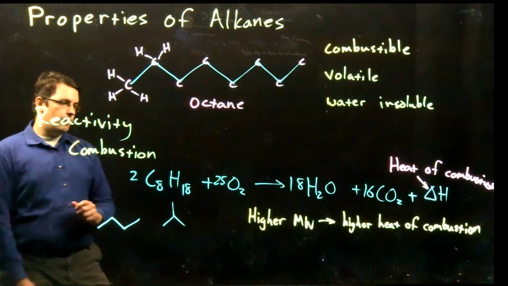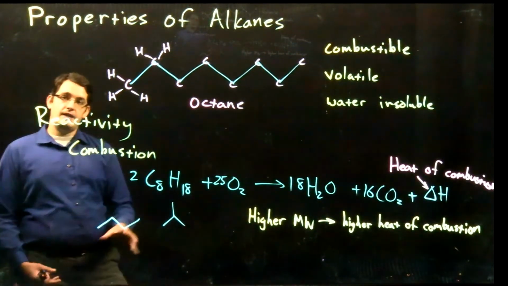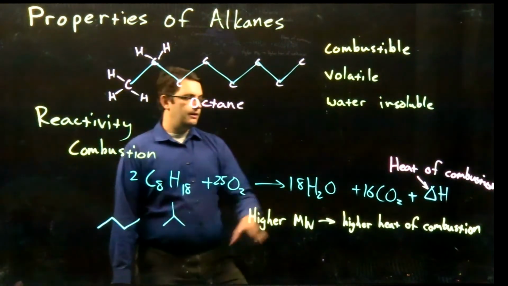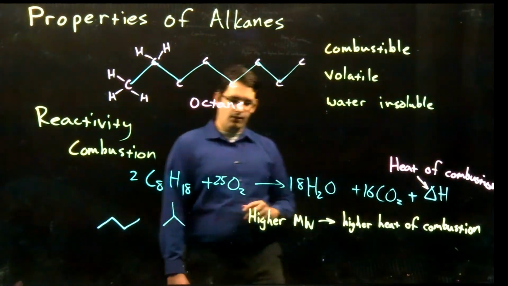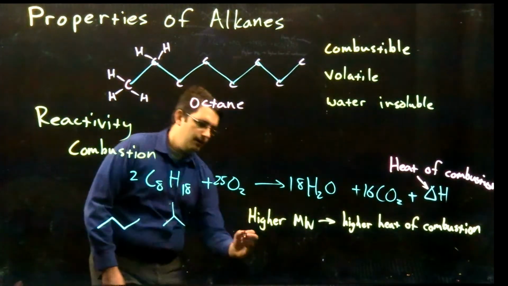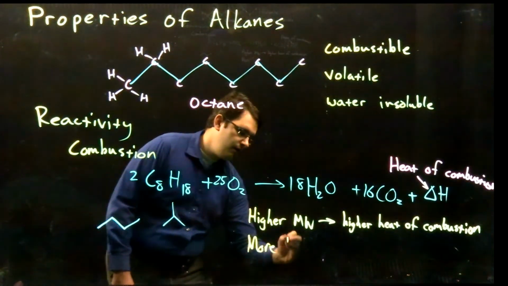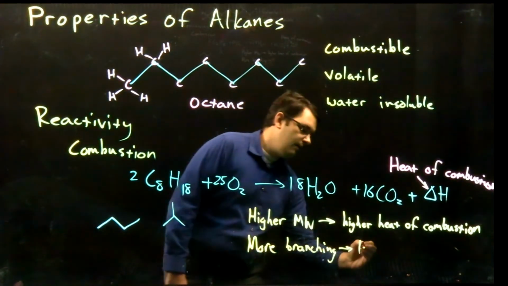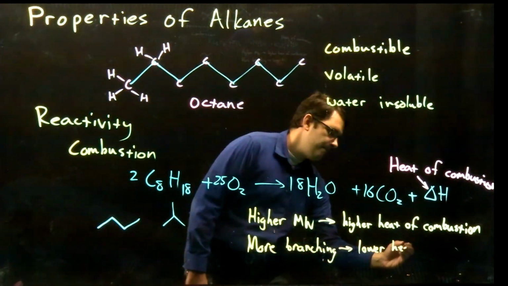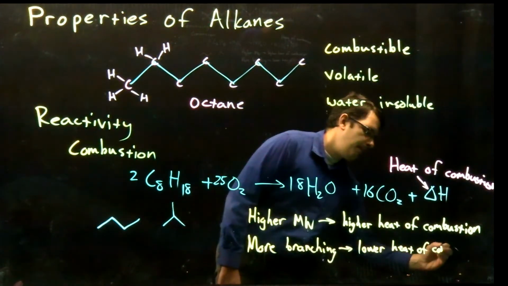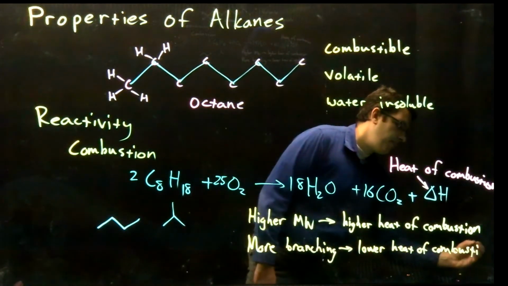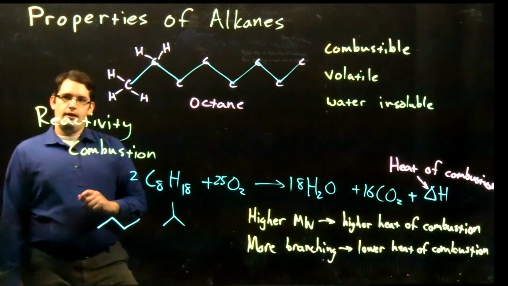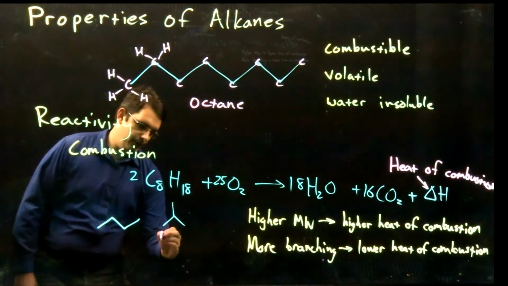Again, remember from our reactivity lectures, that a more stable molecule is less reactive. And less reactivity means it's less likely to combust and will have a lower heat of combustion. So more branching leads to a lower heat of combustion. And again, that's based on the slightly increased stability of our branched alkane.